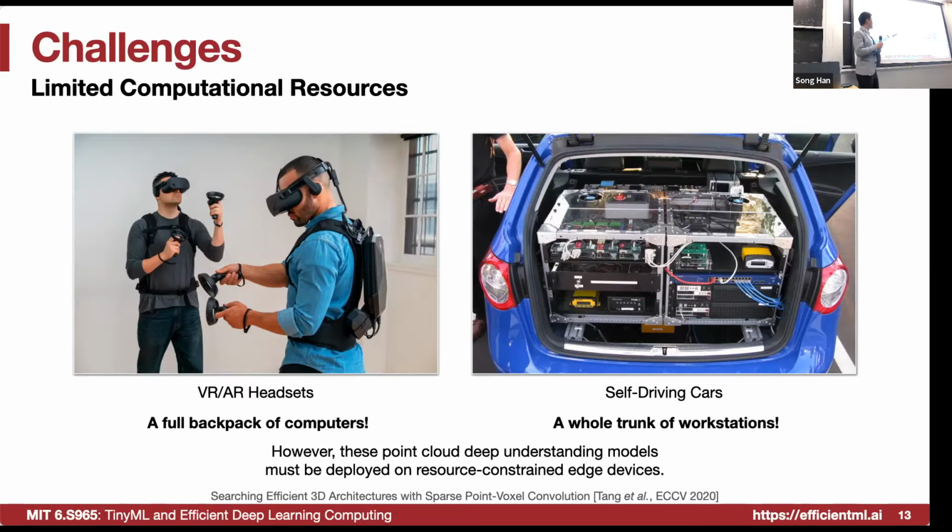And for AR, VR applications, this gentleman is having a whole backpack of computers, which is pretty heavy and limits the user experience. For self-driving cars, you don't want to have a whole trunk of computers generating a lot of heat. There's no space to put your suitcase, right? So we want to make point cloud deep learning more efficient so that we can deploy them on resource-constrained devices.